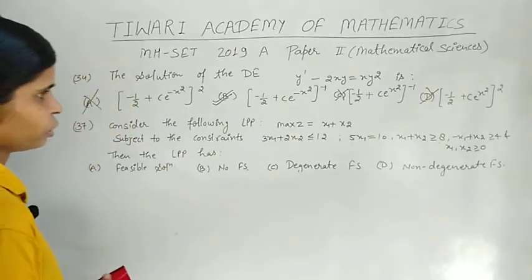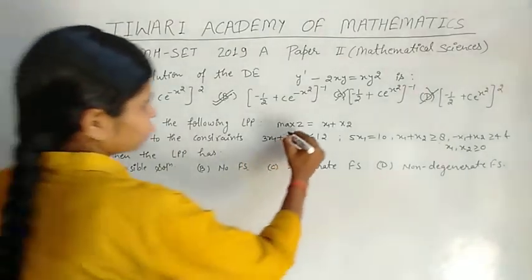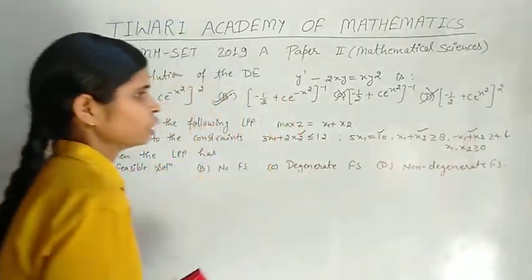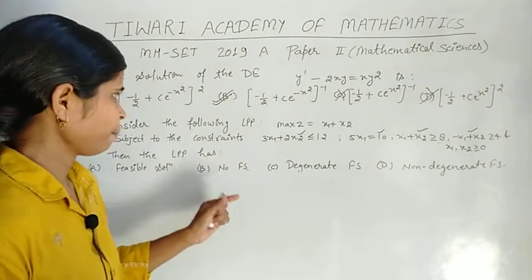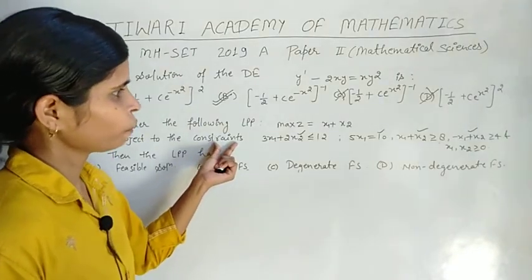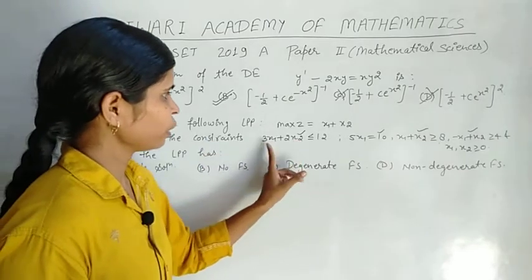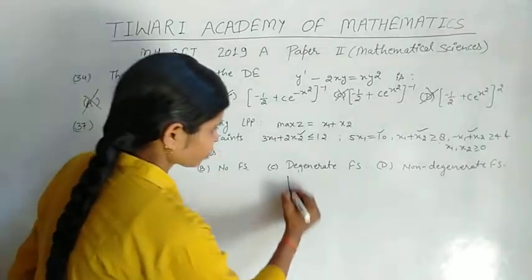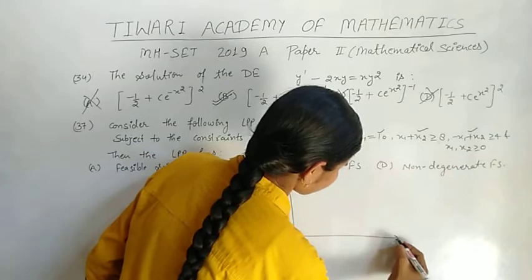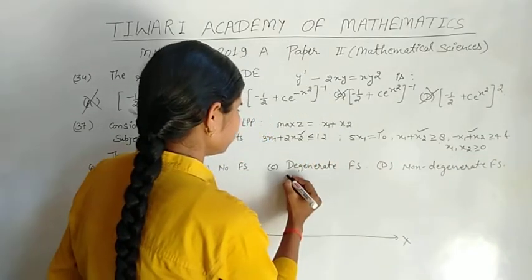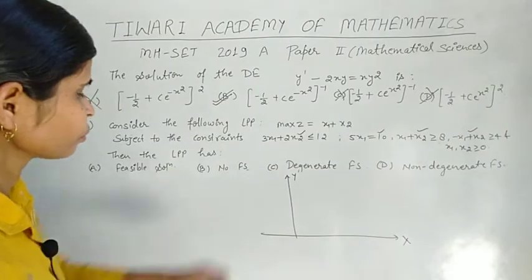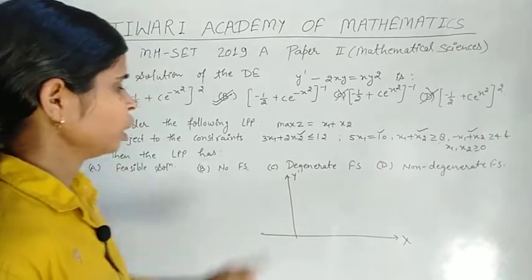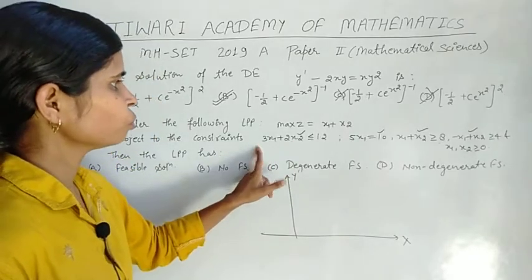First of all, this equation, this equation, this equation and this equation are the subject to the constraints. So two variables are given. So this question is solved by graphical method. Okay, x-axis and y-axis. This is x-axis and this is our y-axis. X1 is equals to 0, x2 is equals to 6 and x2 is equals to 0, x1 is equals to 4.